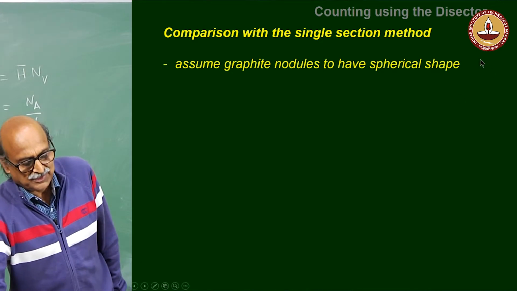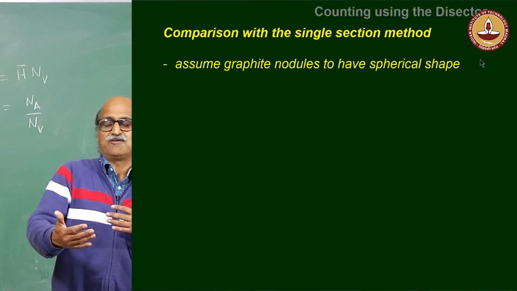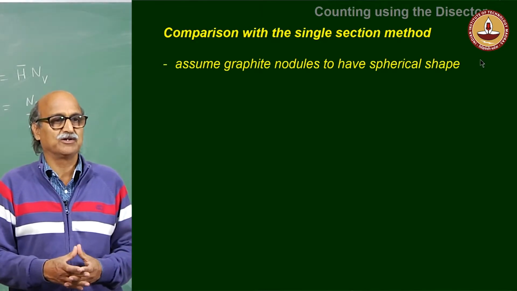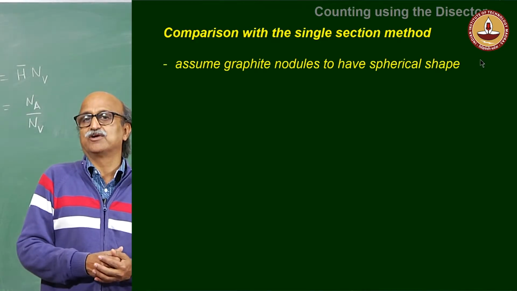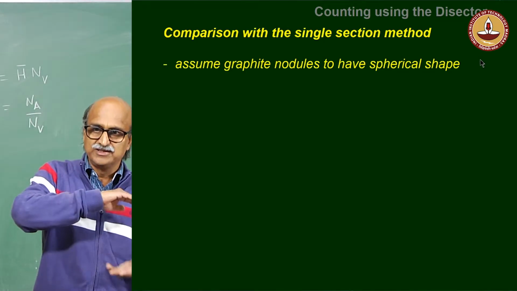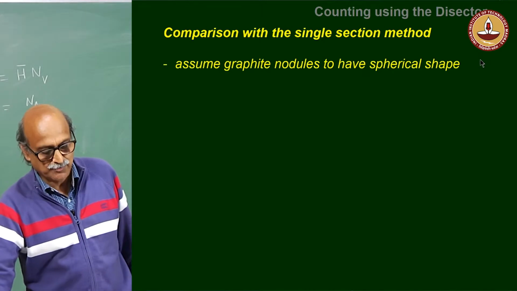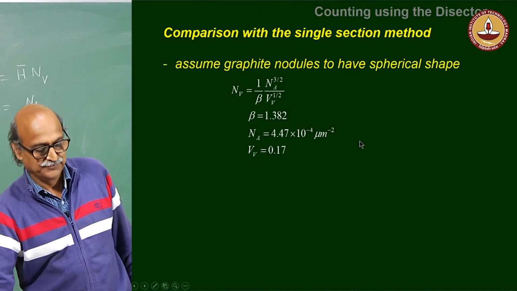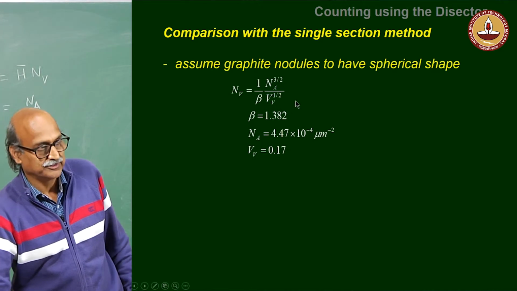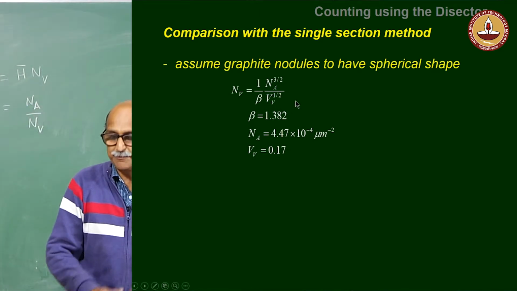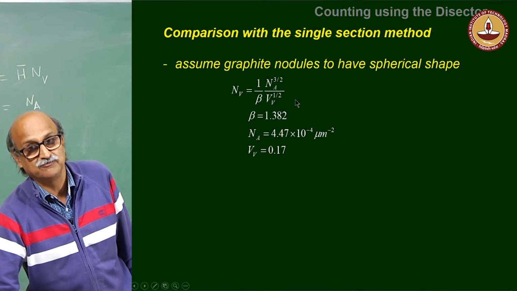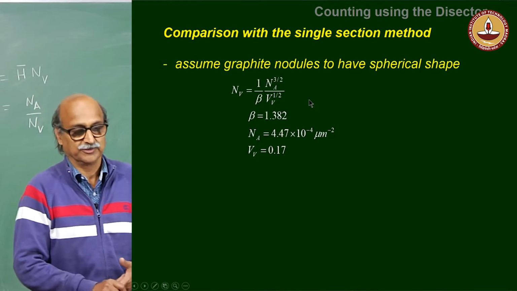Now, I just want to show you, if our shape assumptions are okay, what kind of numerical density I would have got for the same material based on only a single section count. Remember from the last lecture that numerical density can be given by this relationship, where beta is a shape measure, Na is the number per unit area on a section, and V sub V is the volume fraction.